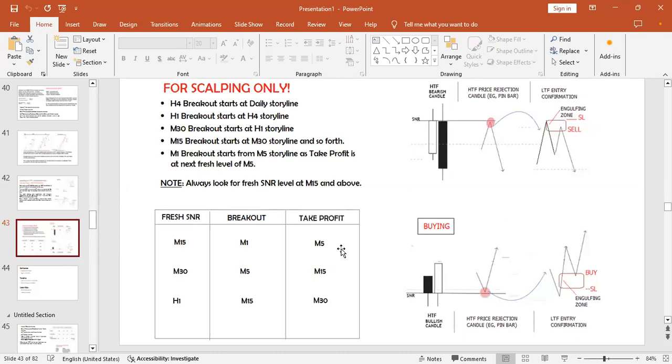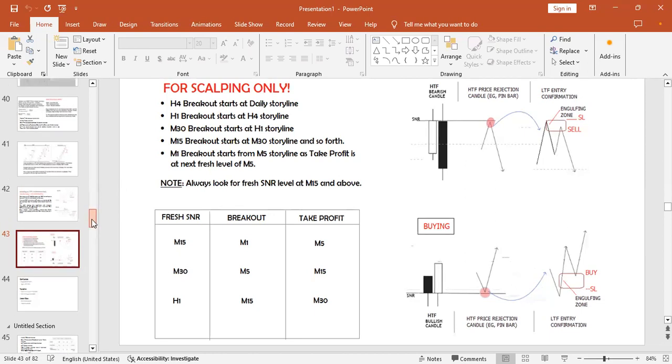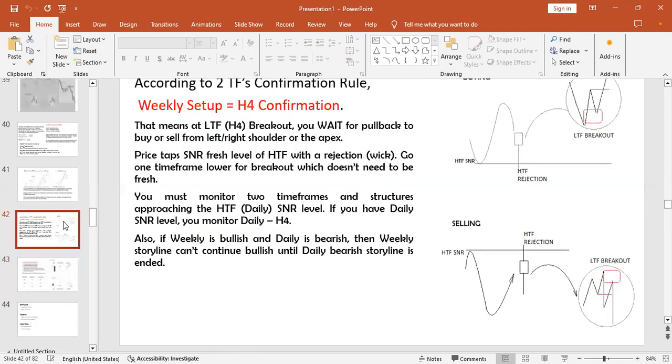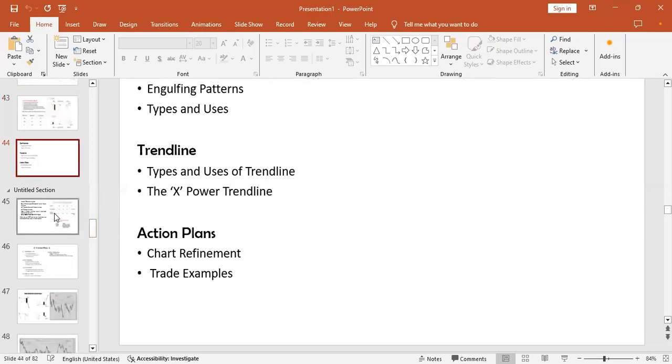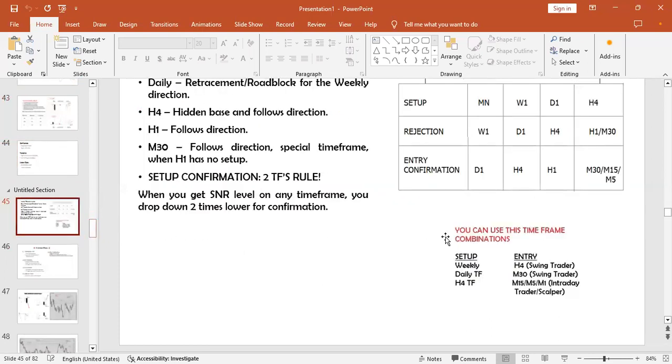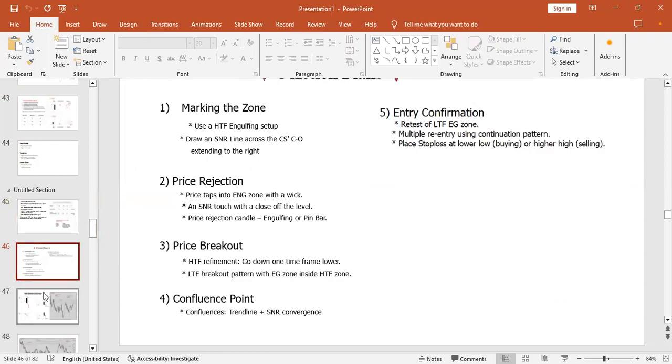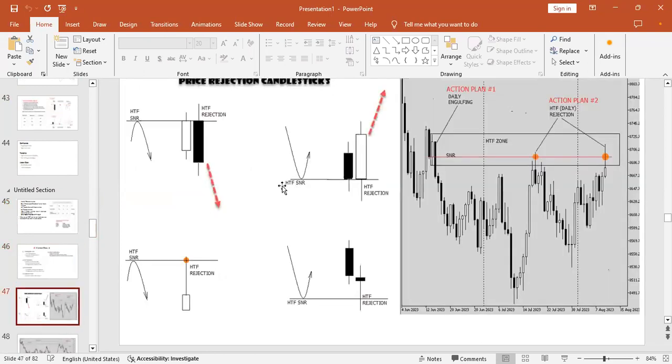If you are a scalper, you want to scalp, this is the time frame you want to use, because you must not use the same time frame for your setup and your entry. You have to know the importance of every time frame. So these are the areas I dealt with in the manual. So we quickly rush into that, and we move into this thing.